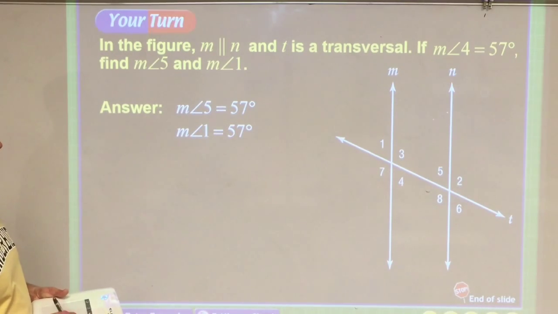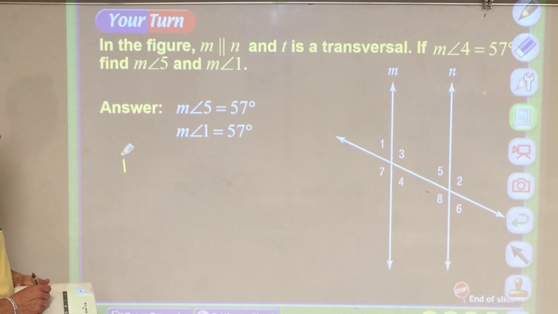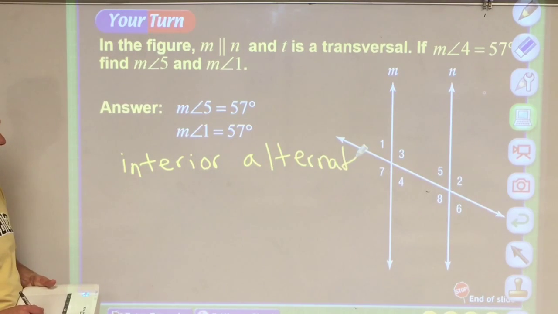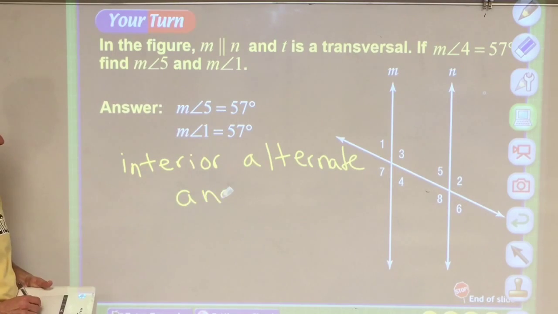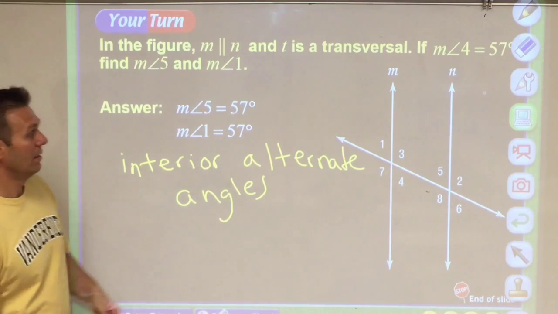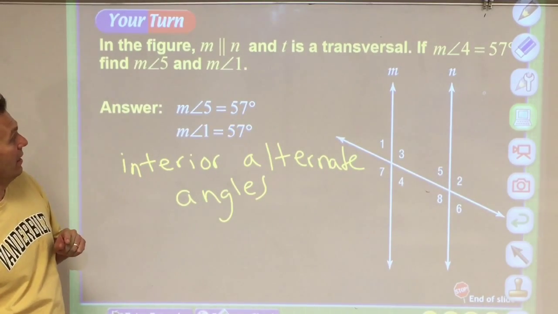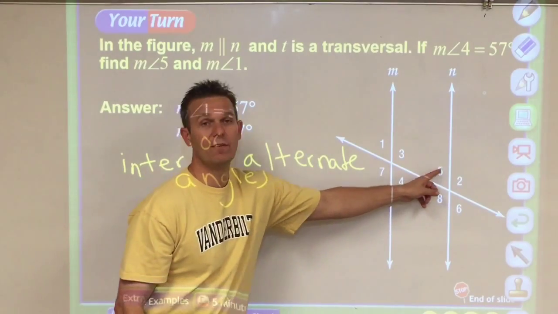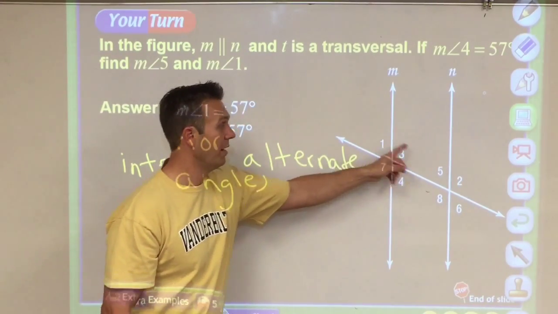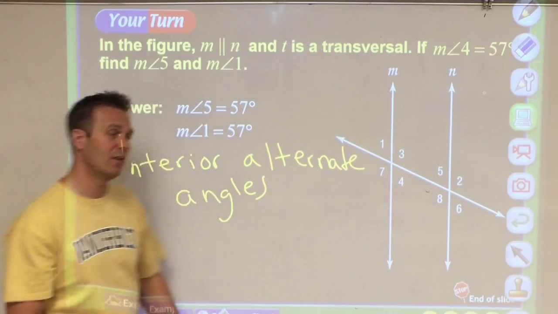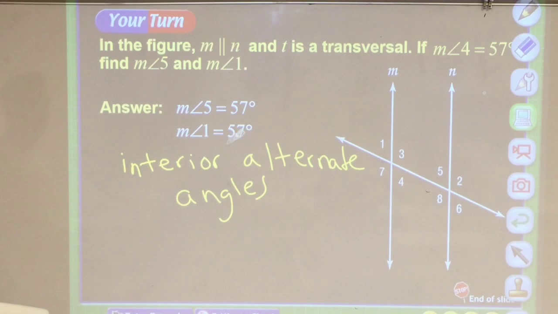Let me write that down for you so you have it. Interior alternate angles, okay? 1 and 5 are interior alternate angles, okay? 4 and 5 are interior alternate angles. 1 and 5 are corresponding angles, and 1 and 4 are vertical angles, okay?